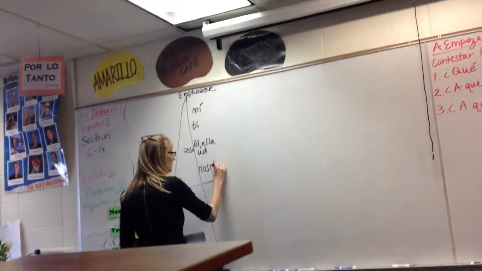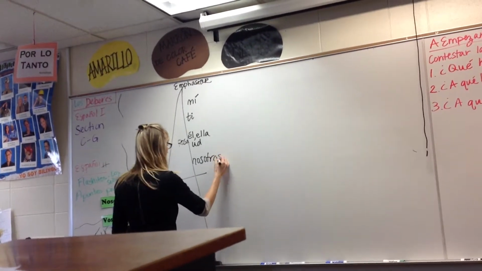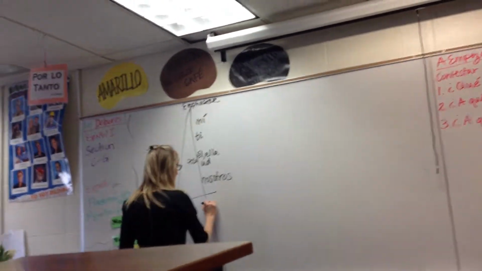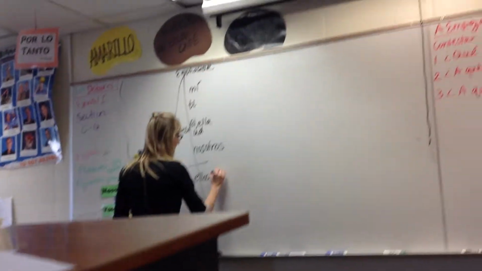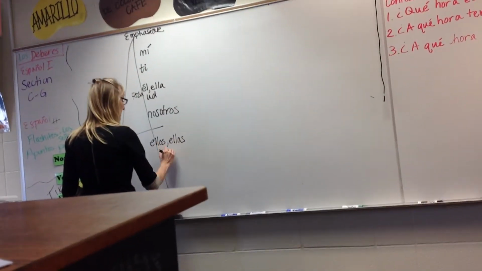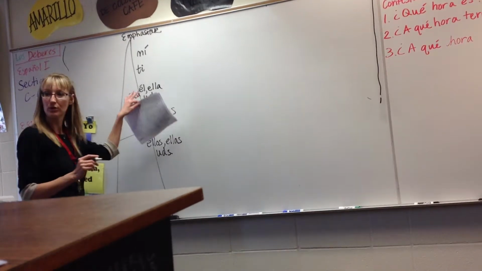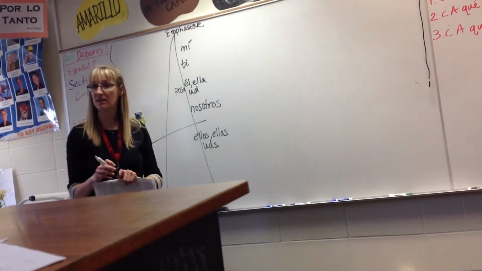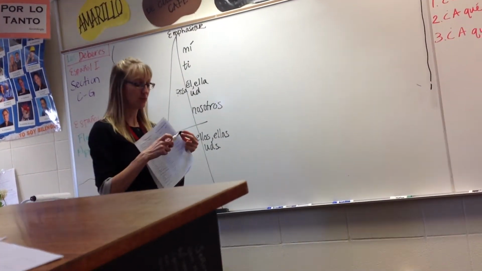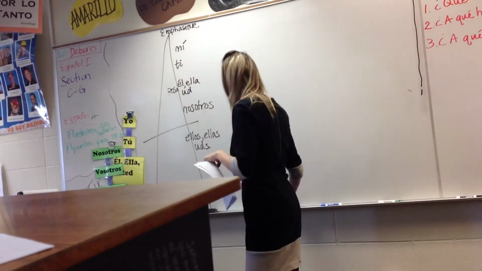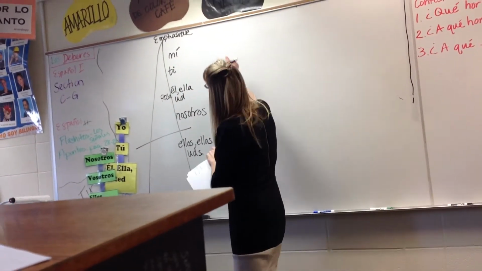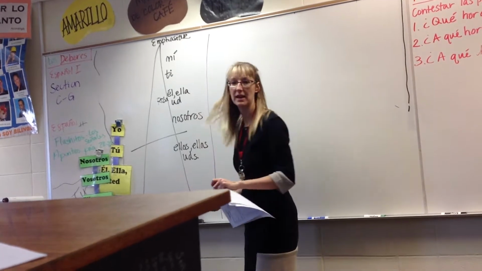And I can't remember, did we do vosotros? No. Okay. So a nosotros, and then we have a ellos, a ellas, and a ustedes. Now, can these go alone? No, they cannot. What do they have to go with? An IOP. So this is your first column that you're basically choosing from.